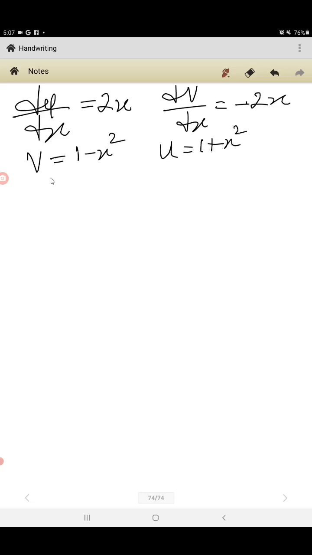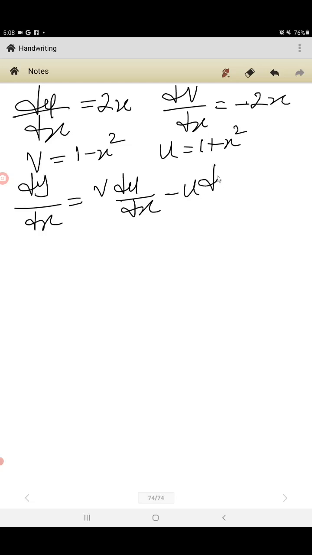So let's apply the formula now: dy with respect to x is v du dx minus u dv dx all over v squared.